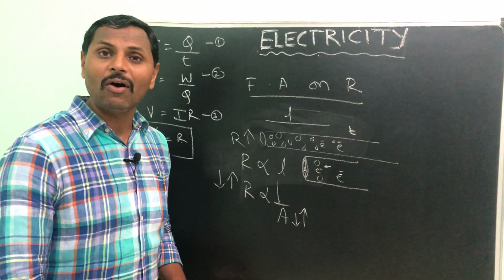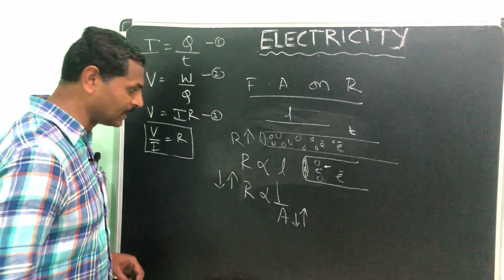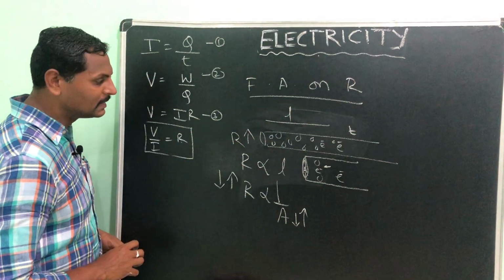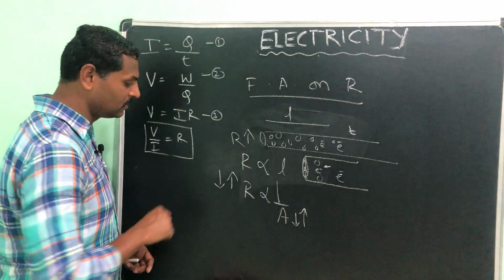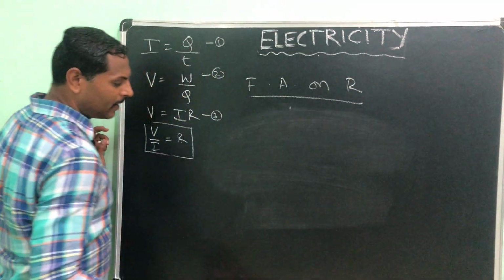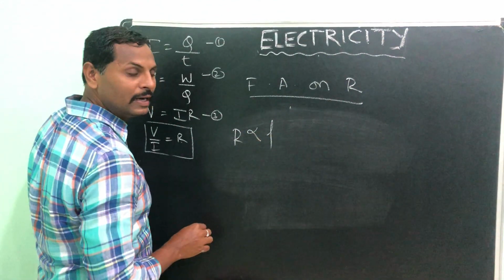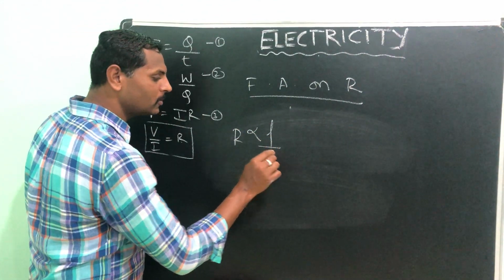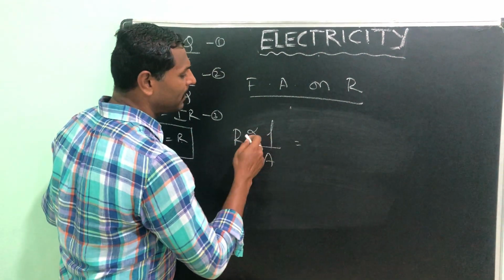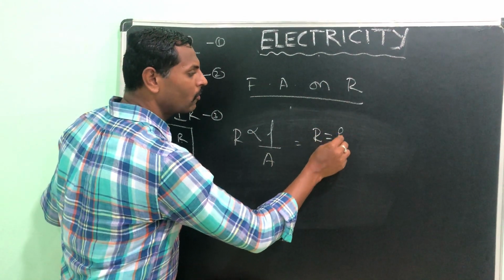So that we will call a resistivity or specific resistance. I will write it here. By making the formula including all these things, I will take the resistivity in it. So can I write like this? Resistance is directly proportional to the length of a conductor, inversely proportional to the area of a conductor. Then if you make a formula by removing the proportionality sign, resistance is equal to rho.